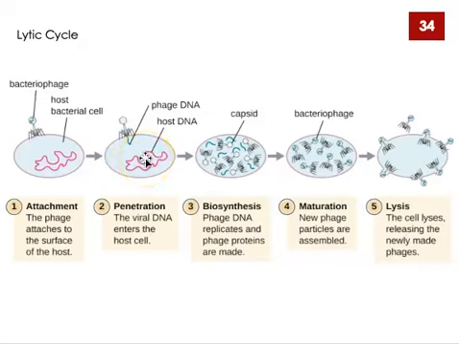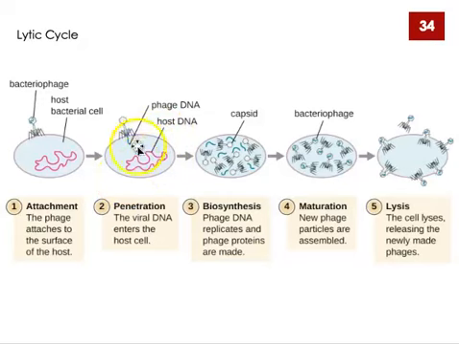Now, that injection process is kind of fascinating, because that viral DNA is going to come in and actually cause the bacterial chromosome to break apart into pieces. We don't need to go into too many of the details of that. But the host cell is going to treat the bacteriophage genetic material just like its own genetic material.